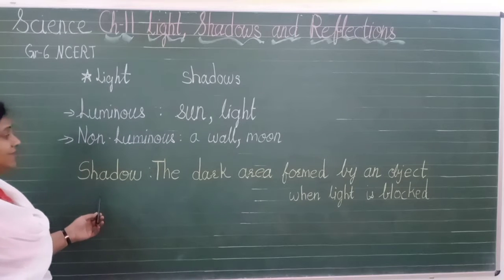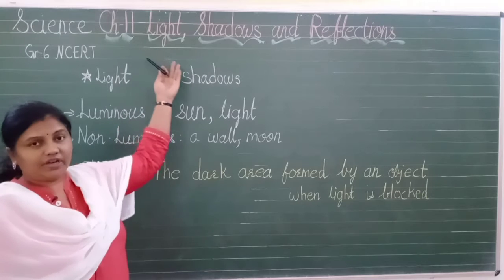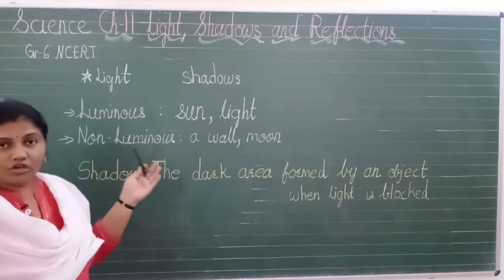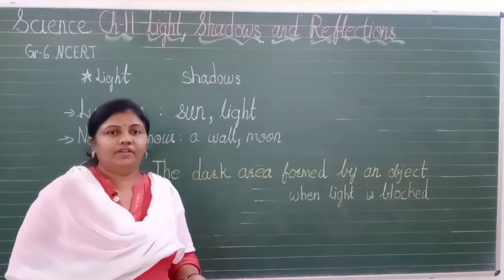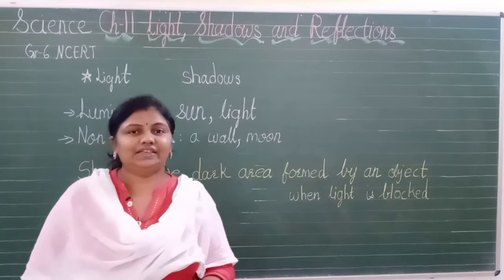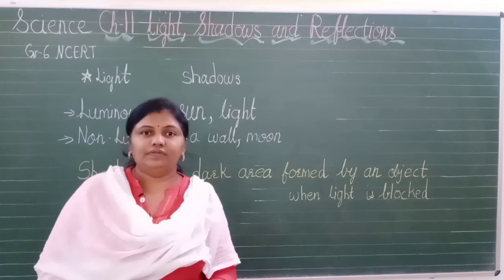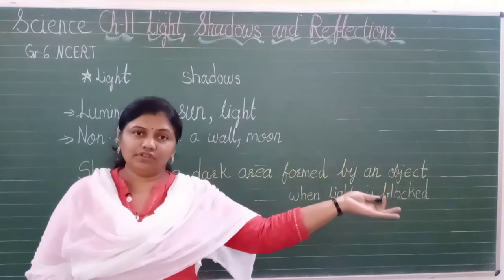Now let us see shadow, isn't it? Our topic is light, so you are clear with the luminous object and non-luminous object. And now shadow. Shadow you all are aware. It walks with you, isn't it? Do you know the size of shadow? Which side it falls? When the light is this side, the shadow will fall this side.